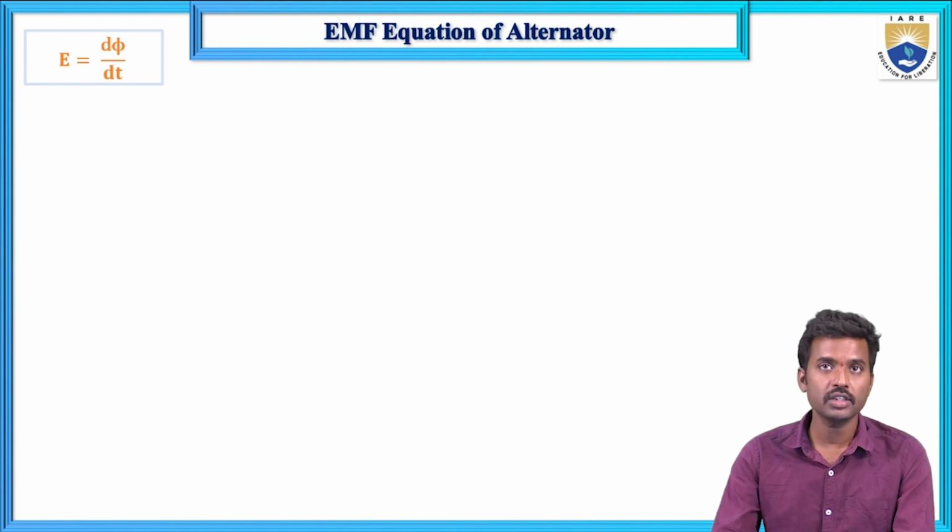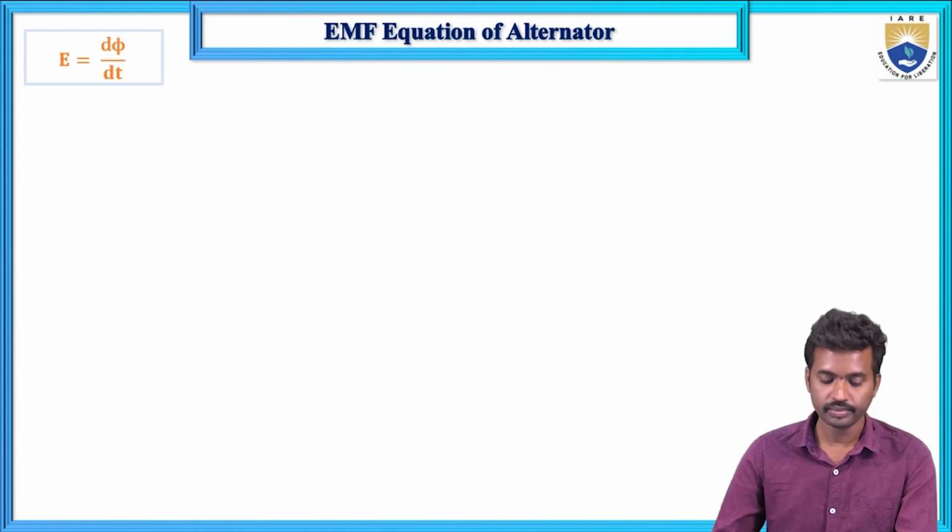Here E is equal to d phi by dt, that is Faraday's law. In the alternator, the induced EMF in the armature conductors is directly proportional to d phi by dt.